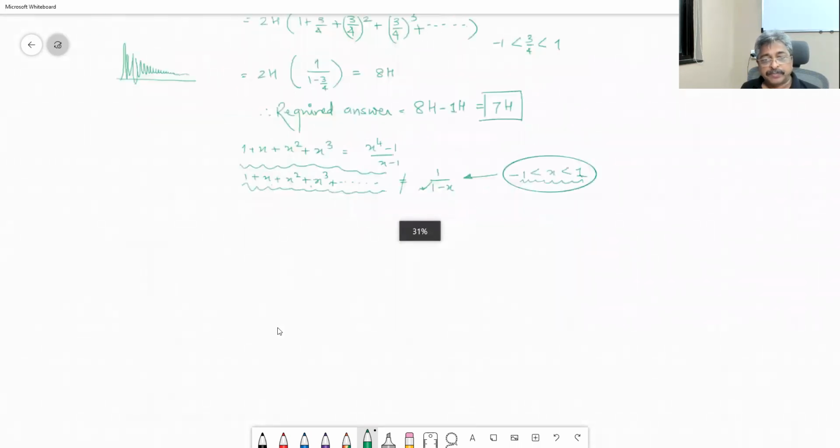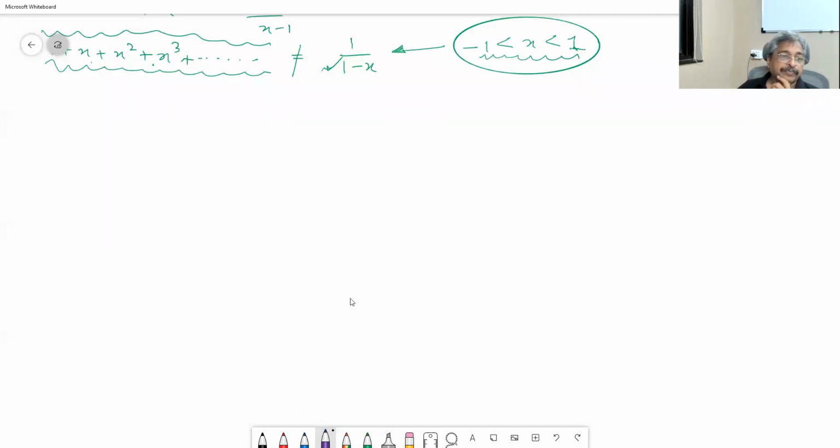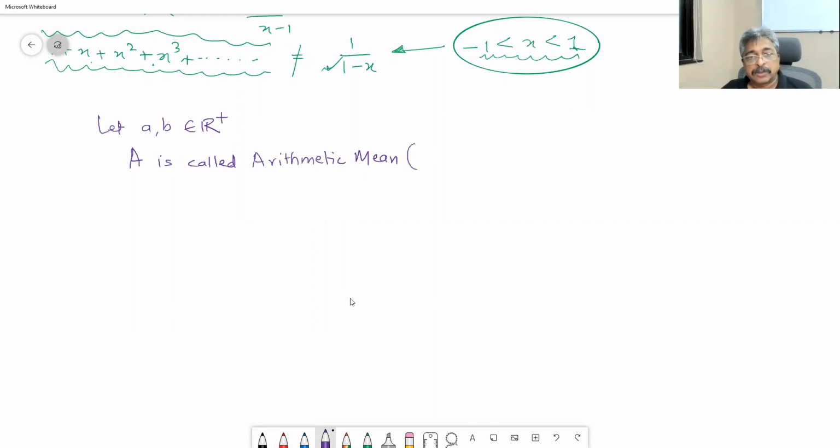Let a, b be positive real numbers. Capital A is called the arithmetic mean, which is AM of a, b, if and only if a, A, b form an AP.